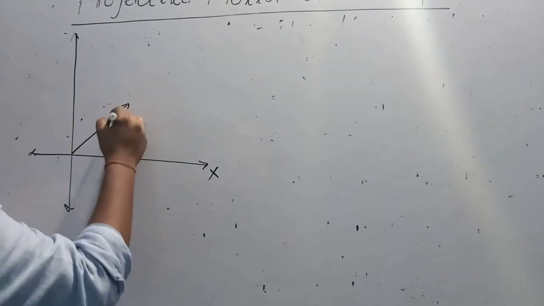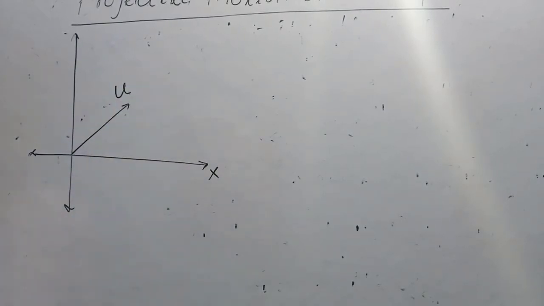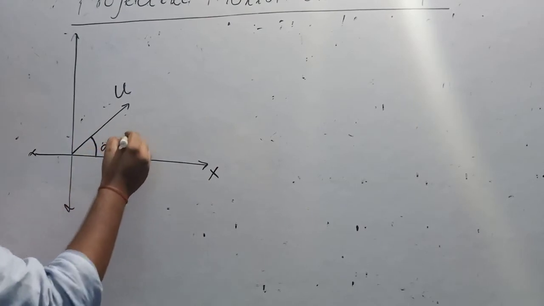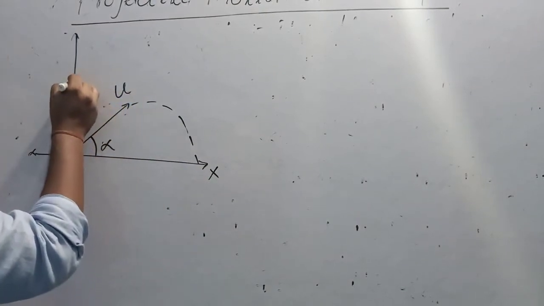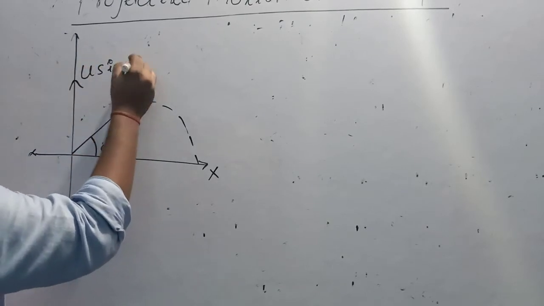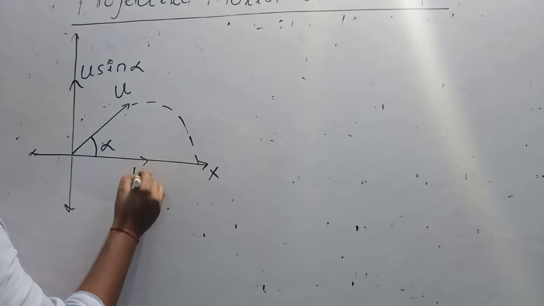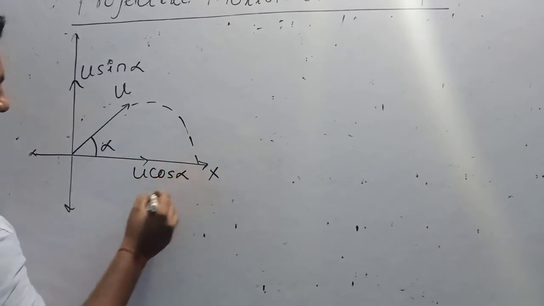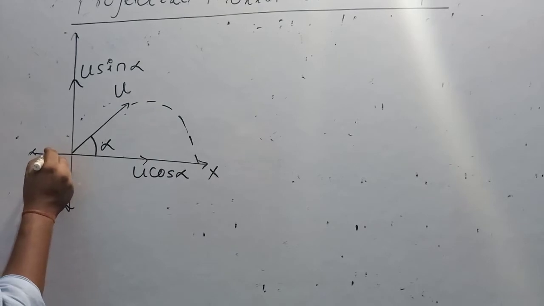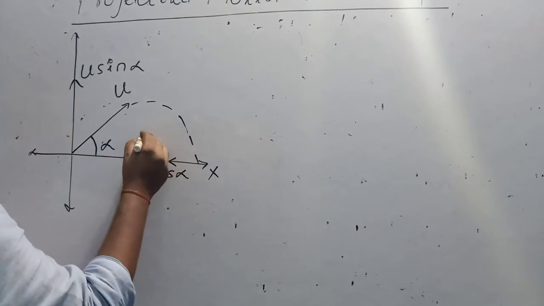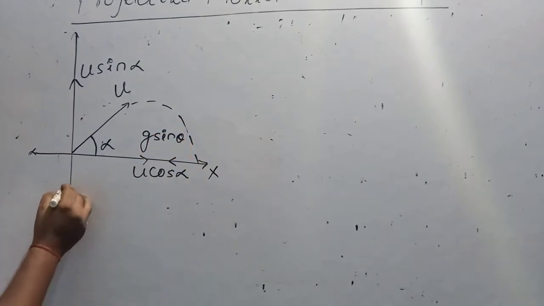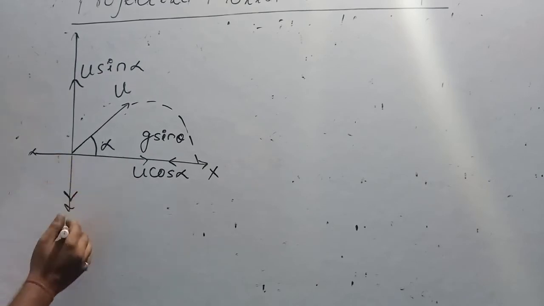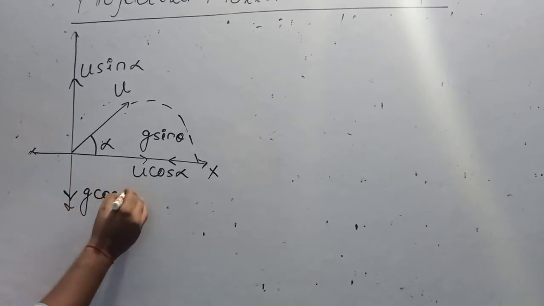The projectile was projected by making some angle alpha. Then it will make an oblique, parabolic path. The components of initial velocity were u sine alpha and u cos alpha, its x component. The x component of acceleration due to gravity was g sine theta, and the y component of acceleration due to gravity was g cos theta.